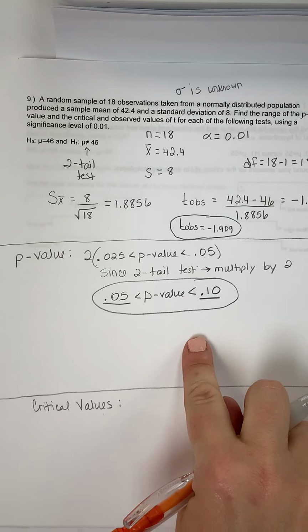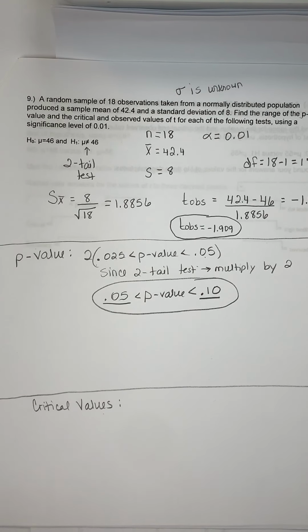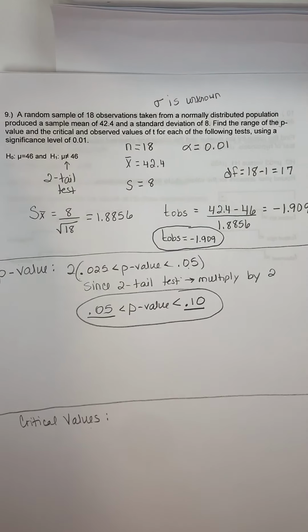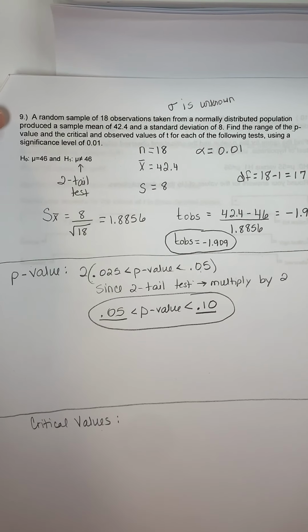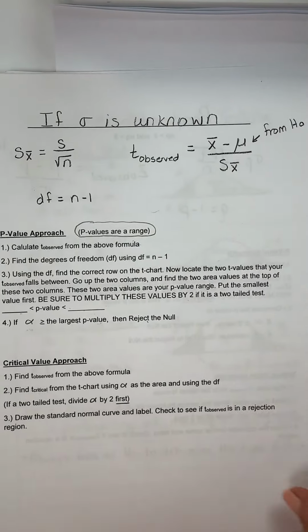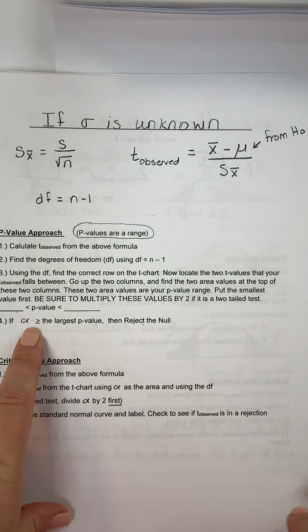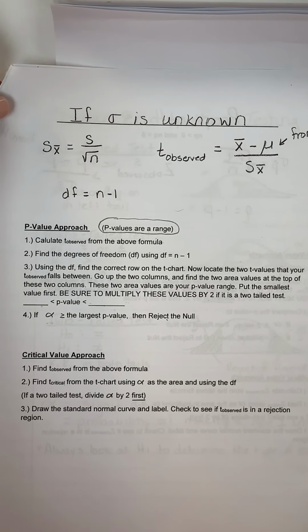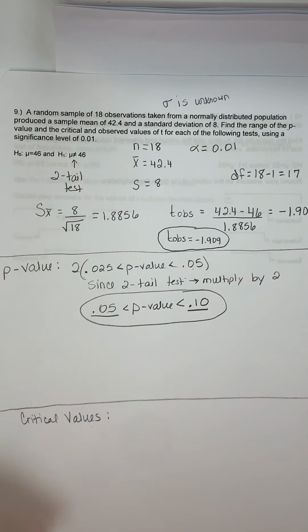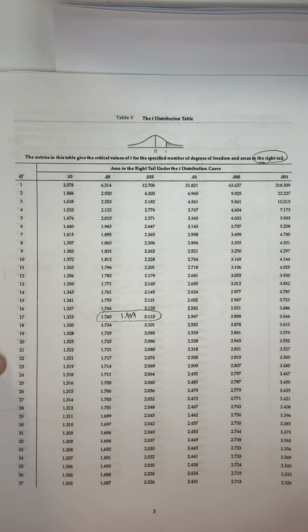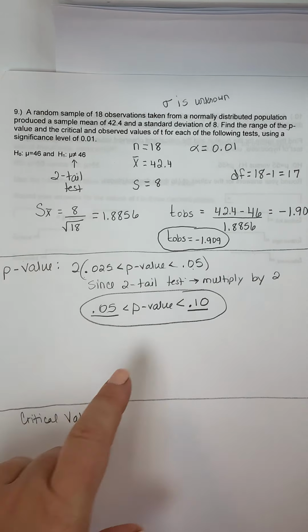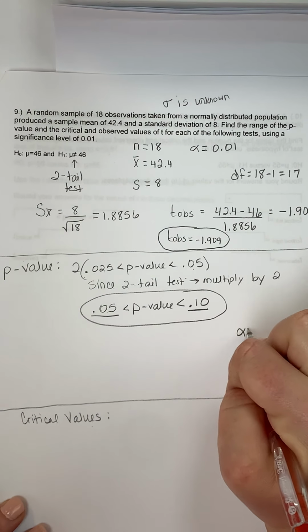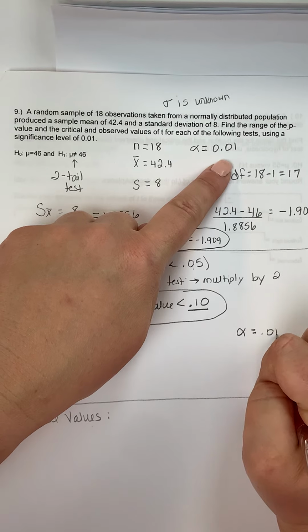Now while we're here, why don't we go ahead and finish the p-value approach and just see what would happen. I already found my p-value range. Now I look at alpha. If alpha is larger than the largest p-value, then I'm going to reject the null. Well, it just so happens alpha is 0.01.